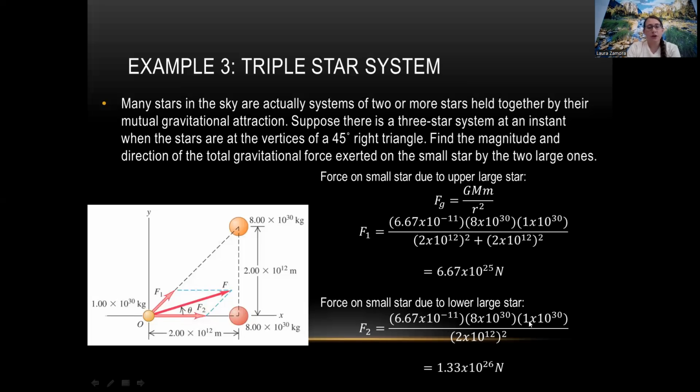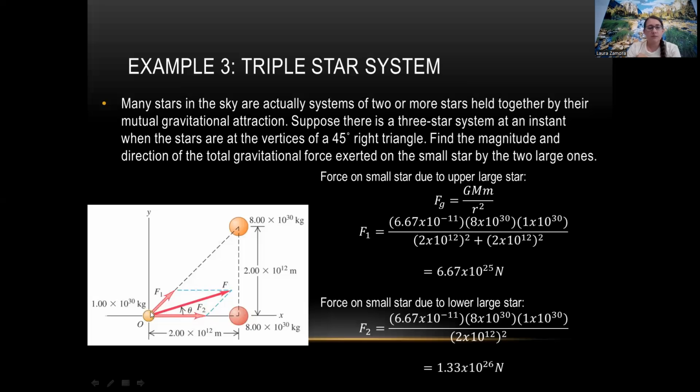The mass of the small star is still 1 times 10 to the 30 kilograms. But now the distance between them is given to us as 2 times 10 to the 12 meters. And we need to square that distance in our equation because it's distance squared. So that gives us a force of gravity between those two as 1.33 times 10 to the 26 newtons.